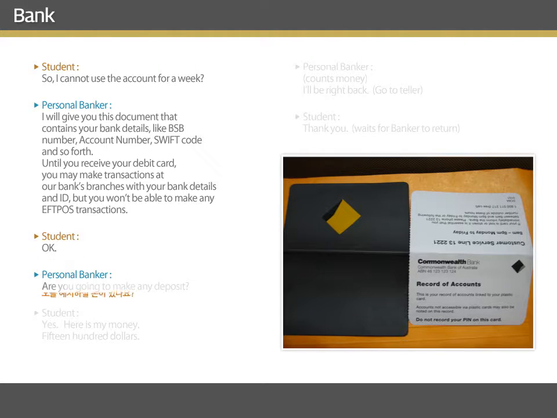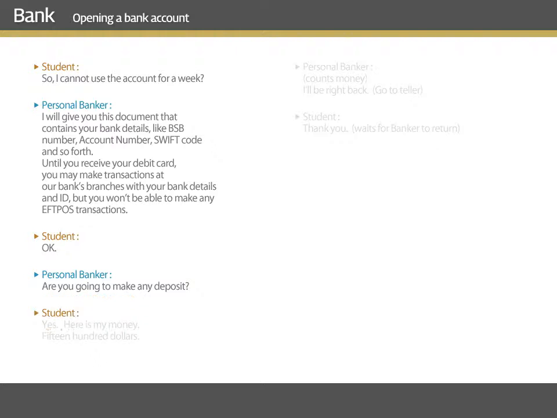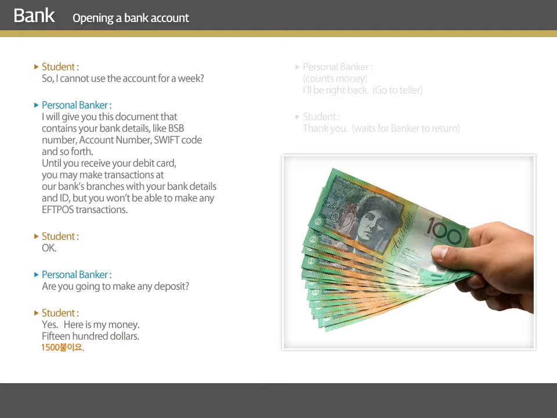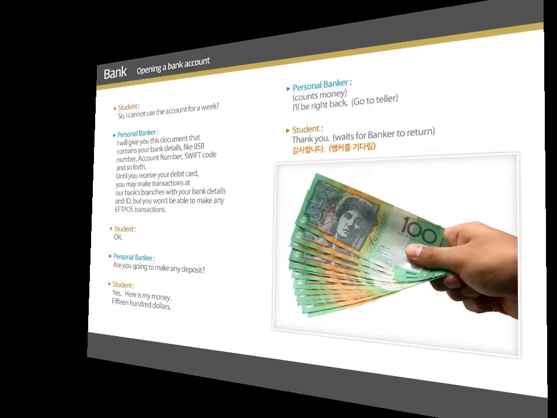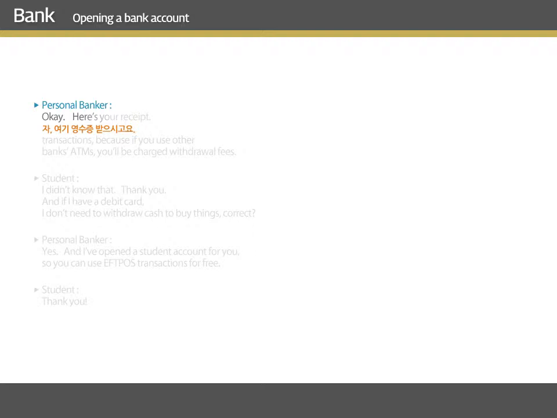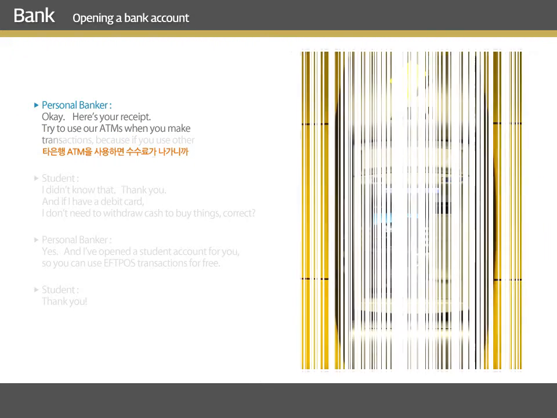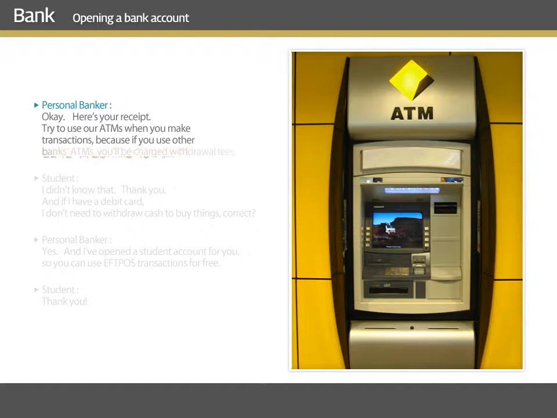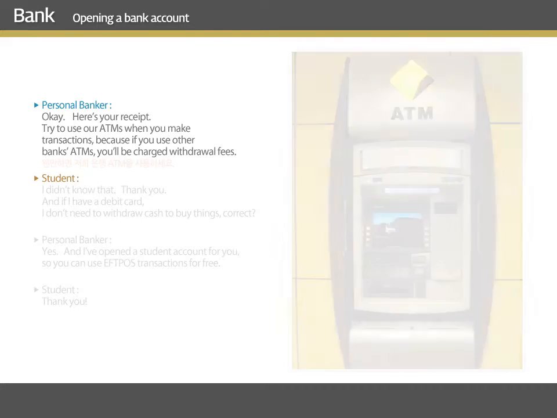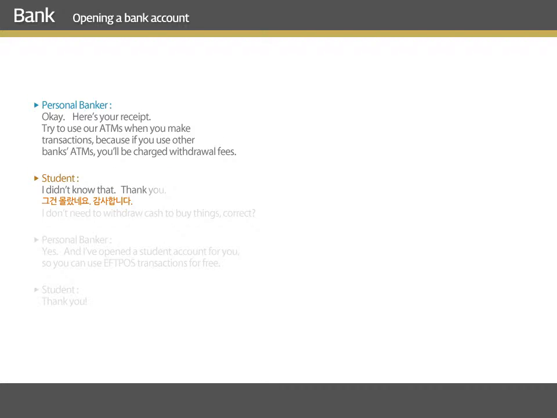Okay. Are you going to make any deposit? Yes. Here is my money. $1,500. I'll be right back. Thank you. Okay. Here's your receipt. Try to use our ATMs when you make transactions, because if you use other banks' ATMs, you'll be charged withdrawal fees. I didn't know that. Thank you.